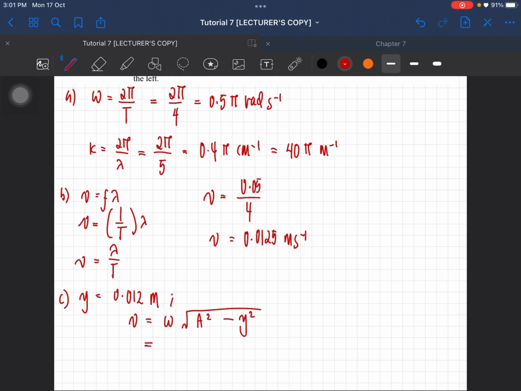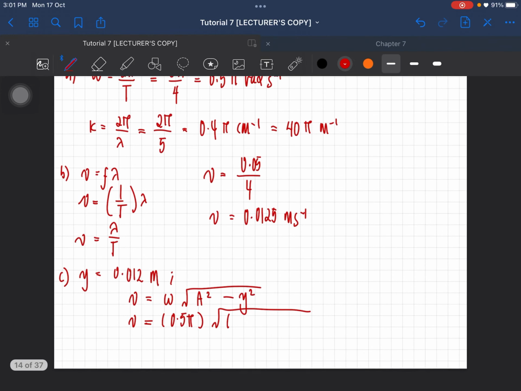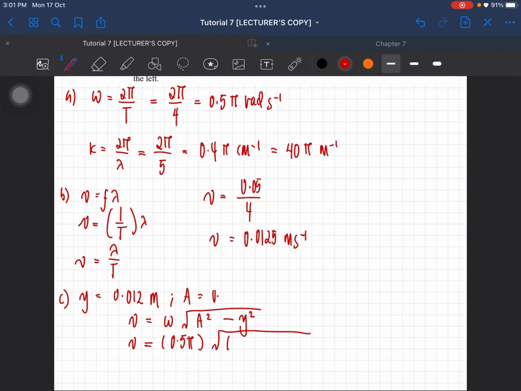So omega is 0.5 pi, A is 2 centimeter, so A is 0.02 meter. So 0.02 squared minus 0.012 squared.